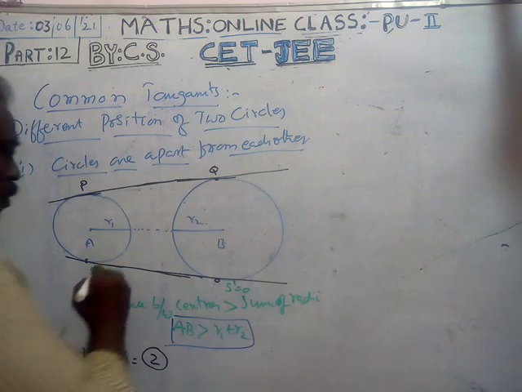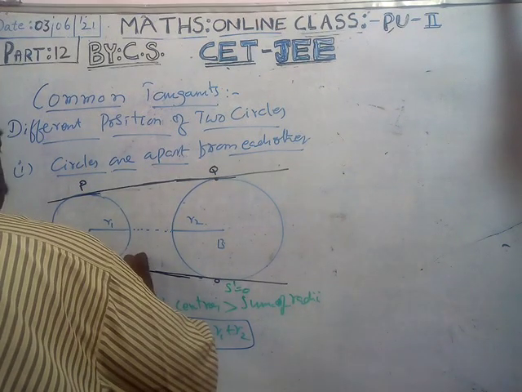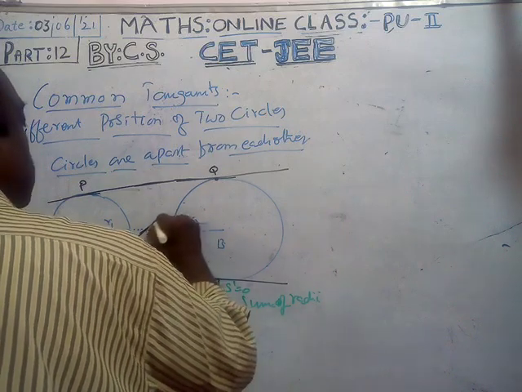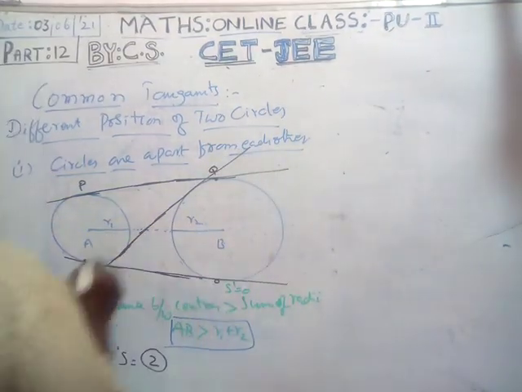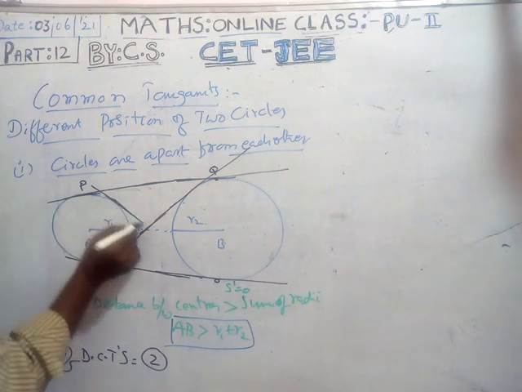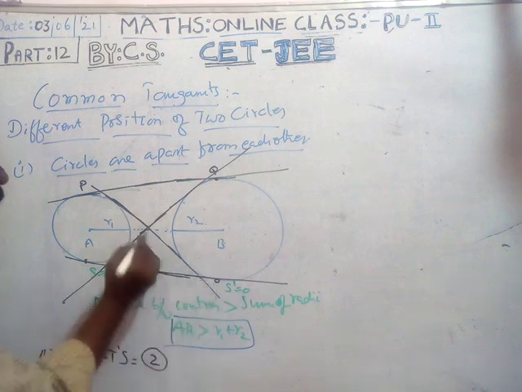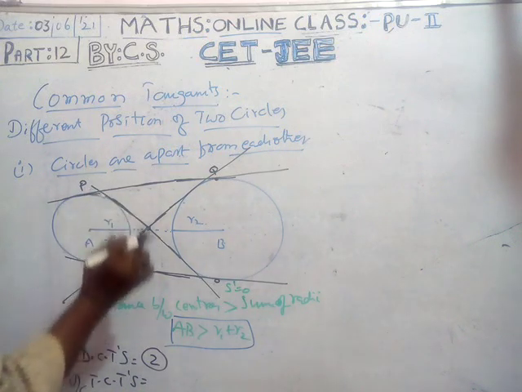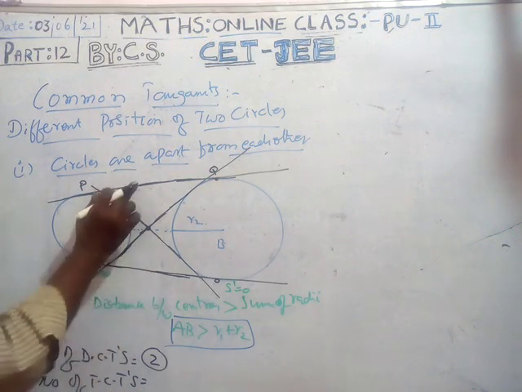Similarly, here another direct common tangent is there, a common tangent like this also. So the number of DCTs: these two are DCTs. You see my fingers.